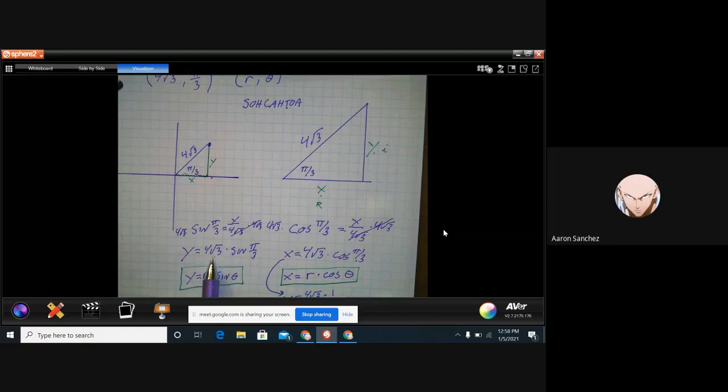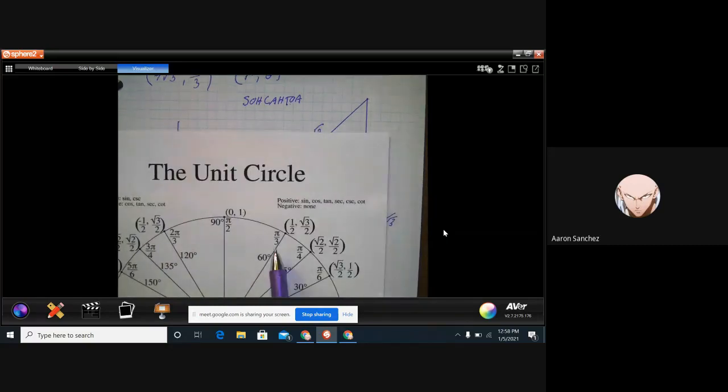So go in here. Y equals 4 root 3 times sine theta. Sine pi over 3. Take your unit circle. Find pi over 3. X is cosine, y is sine.